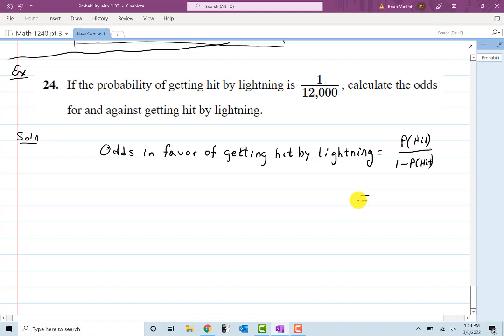So for this, the probability that you're going to get hit by lightning is 1 out of 12,000. And in the denominator, we're going to have 1 minus 1 over 12,000.